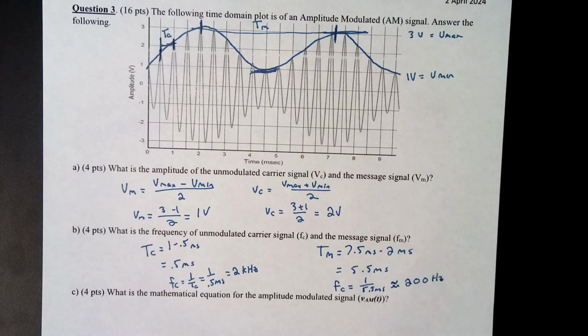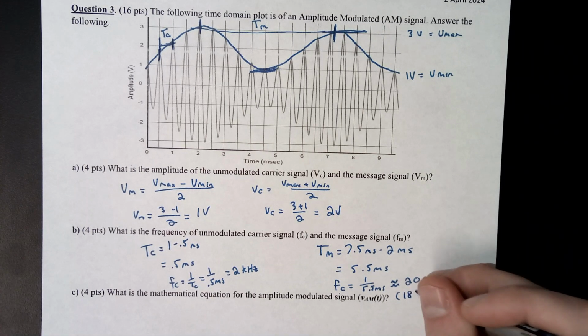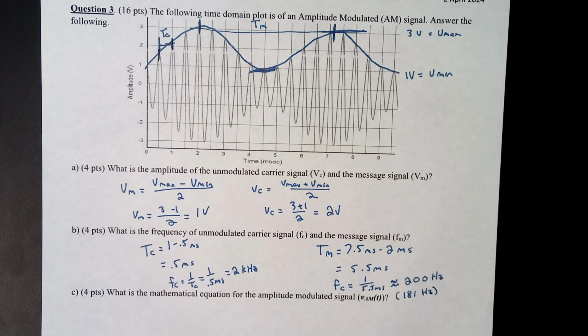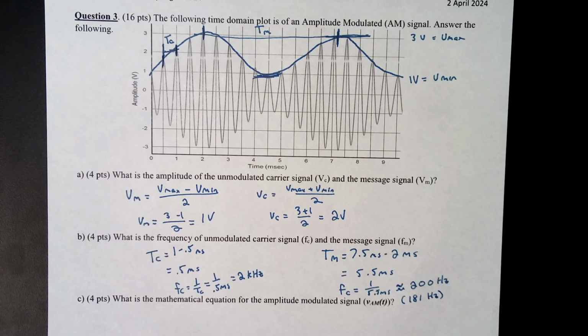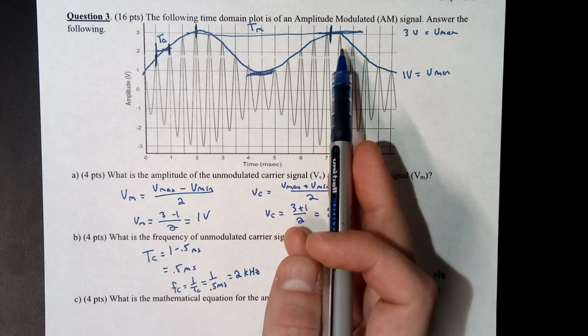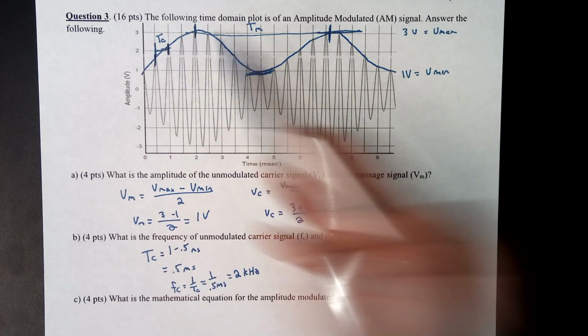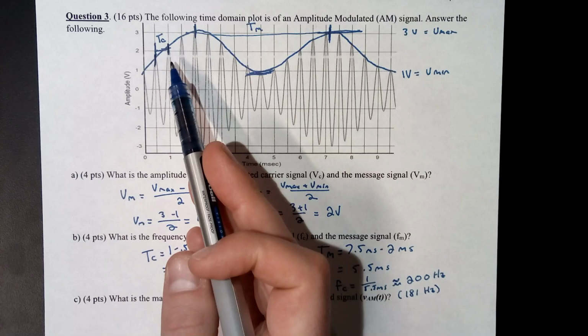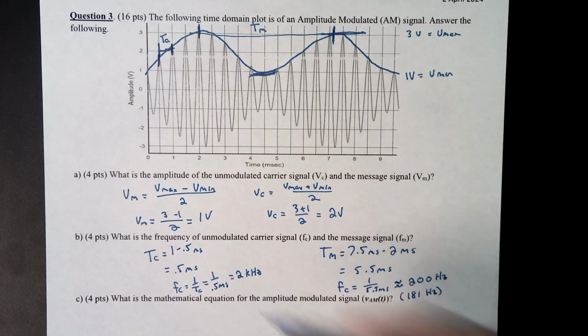Let me check with the calculator what I should have gotten. 5.5 times 10 to the negative 3 is going to be 181, so 181 hertz is what I got. But again, as long as you show what you did and that you picked these values, this is how you get it: measuring the envelope's period and converting that to frequency, measuring the carrier's period and converting that to frequency.